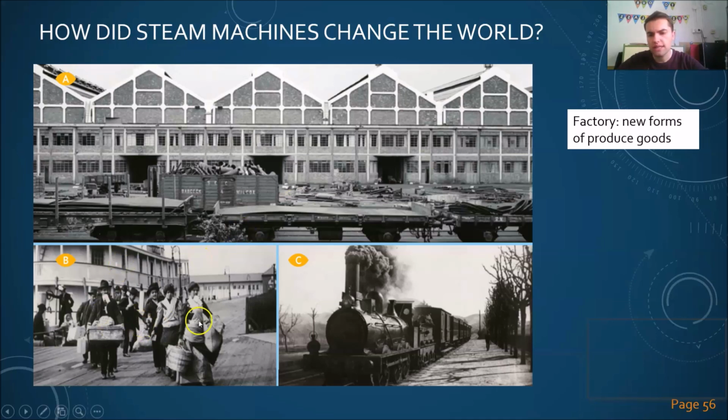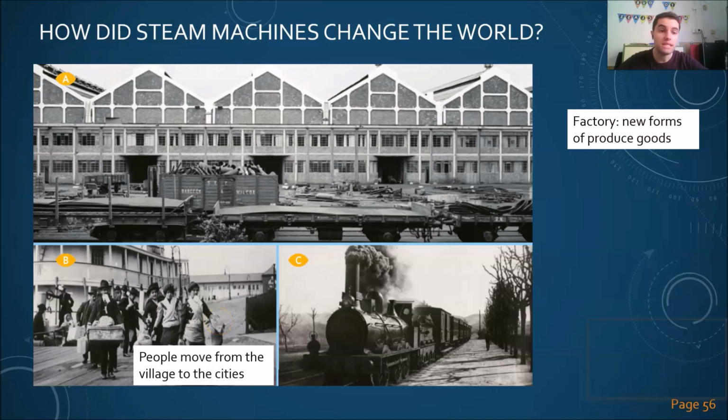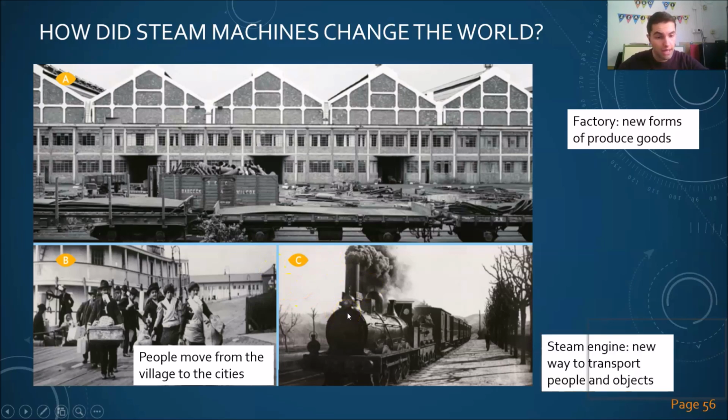What do you think this is? So this could be the people that are moving from the village to the cities because they want to work in the new factories in the cities. And let us see, this obviously is a steam engine. It's una máquina de vapor, and this is the new way to transport people from one place to another and to move objects. Okay?